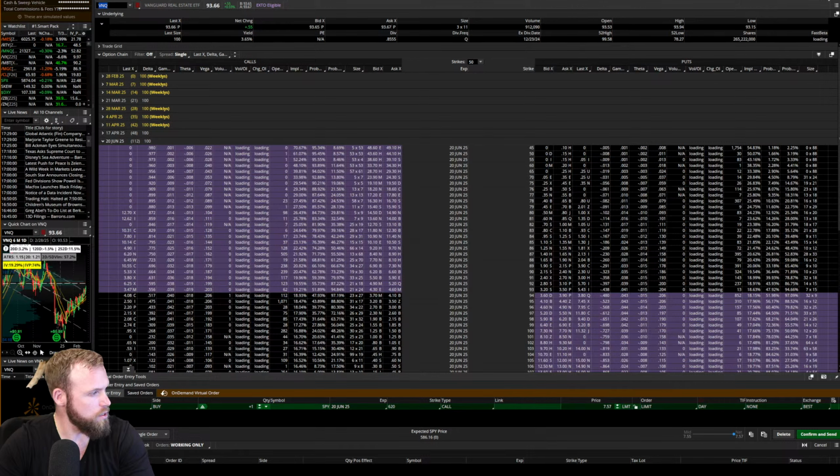VNQ looks like it's up a little bit. It is 93.66, and the premium for our 92s is now like 5. Well, it'd be like 490 to use the other side. 4.9. Okay.